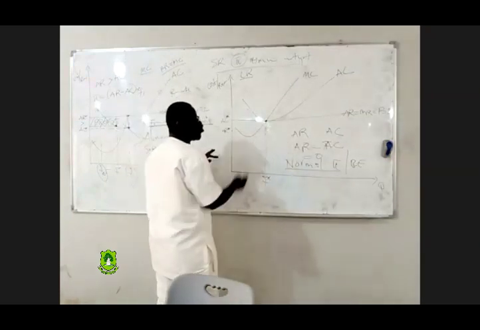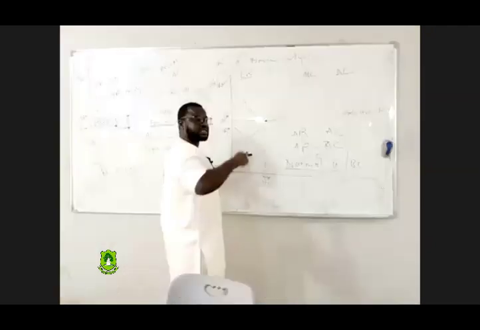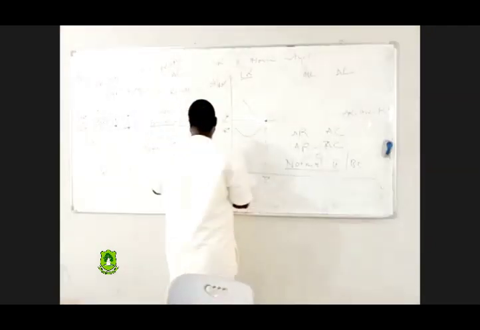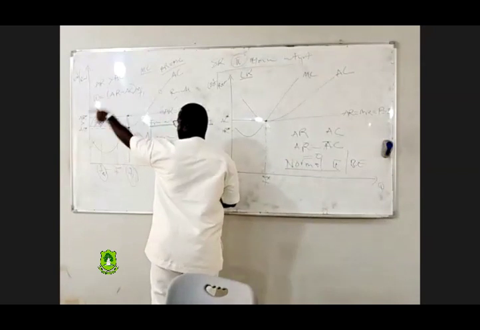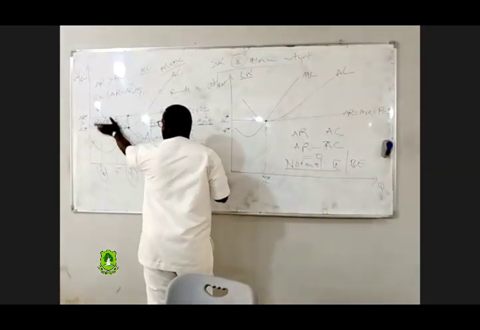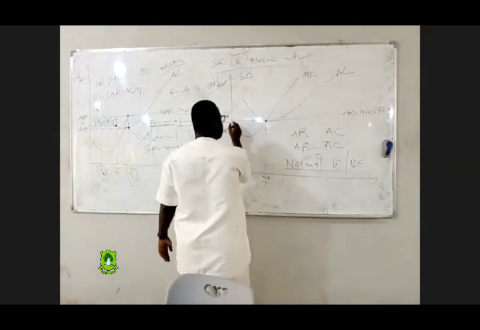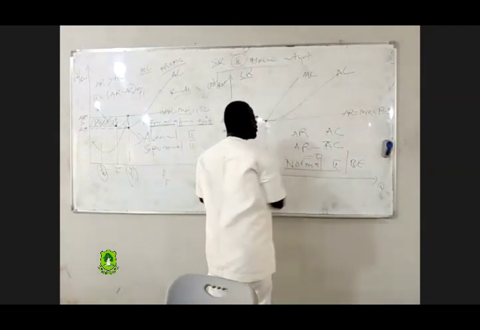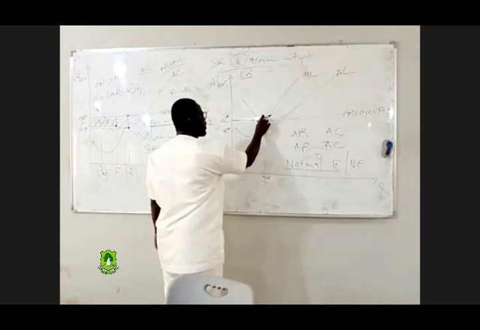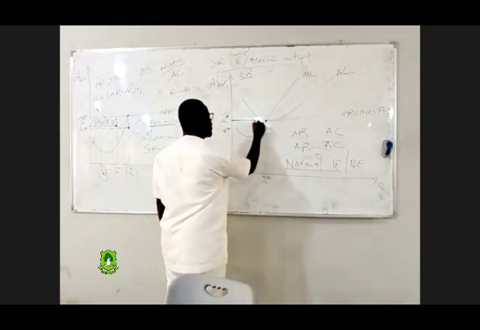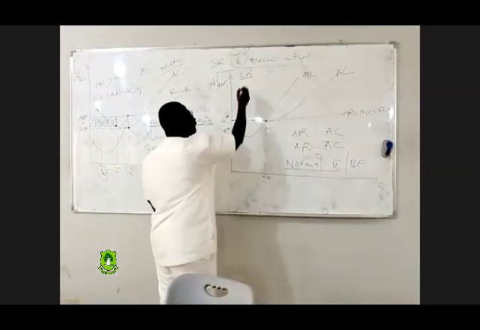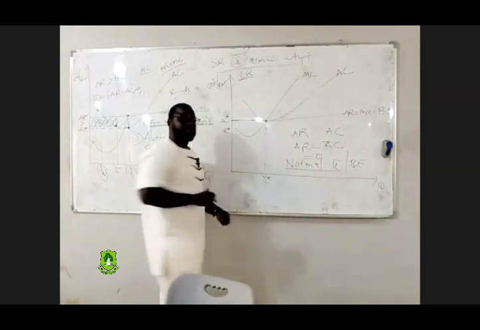So in the long run, all firms in a perfectly competitive market will be making normal profit, because those who would have been making losses will exit the market, and those who would have entered will compete away the profit. So the firms are making only normal profit in the long run.